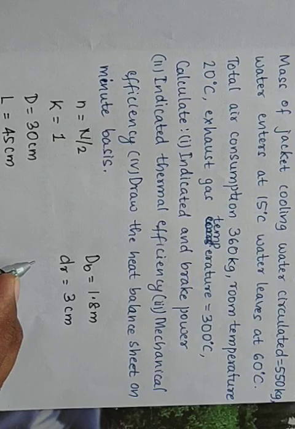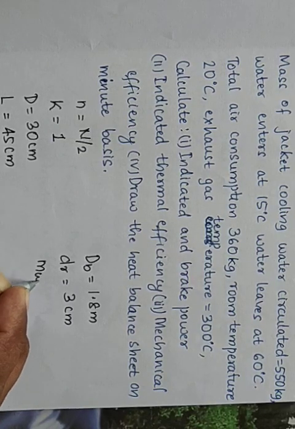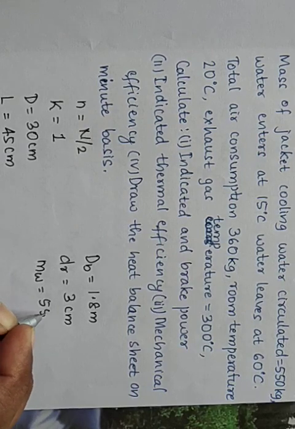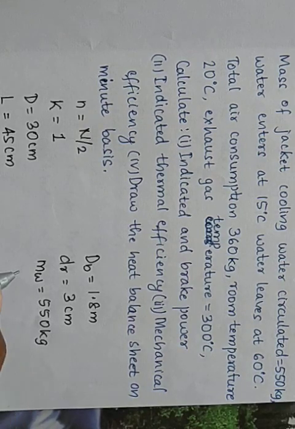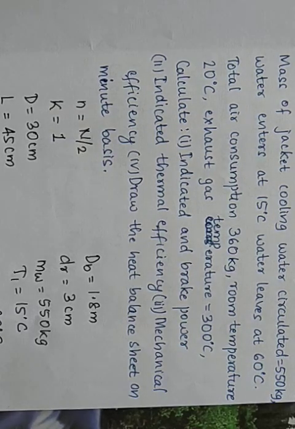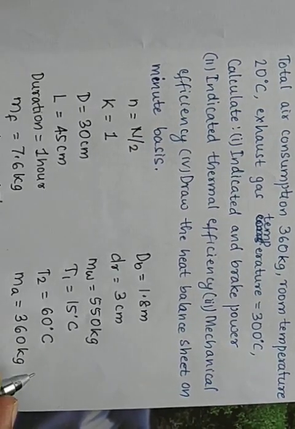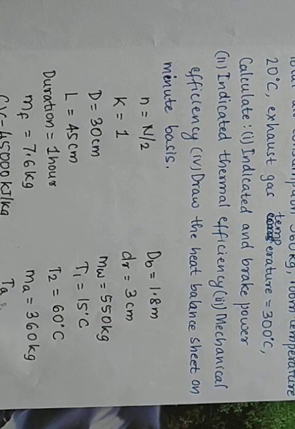Mass of jacket cooling water circulated, that is MW, is 550 kg. Then water enters at, that is T1 equal to 15 degrees. Water leaves at 60 degrees, that is T2 equal to 60 degrees. Total air consumption, that is MA, is 360 kg. Room temperature, that is TA, equal to 20 degrees.